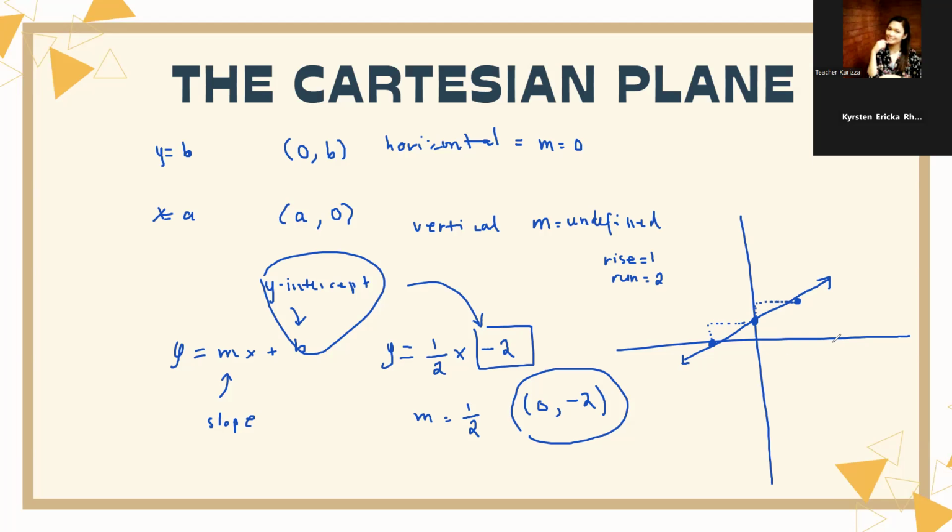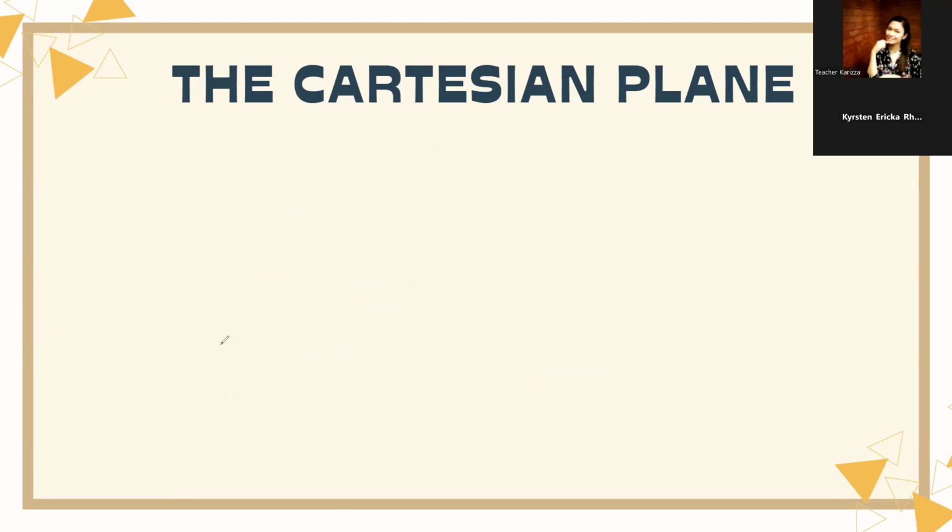Okay? So next we have system of linear equations. This is a linear system of 2 or more linear equations involving the same variables. So we have 3 different types of system. Let me write this down.